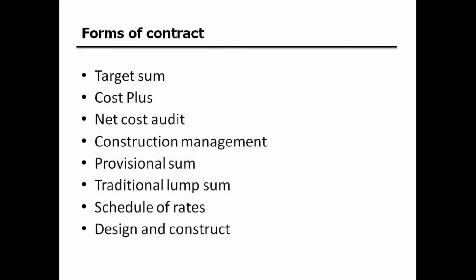In the course, we consider 8 typical forms of contract that are used in the building industry. There are variations on these 8 forms of contract, but if we look at them from the top, target sum, they all vary here. It's where the builder offers to execute the works for a guaranteed maximum sum or a target sum.